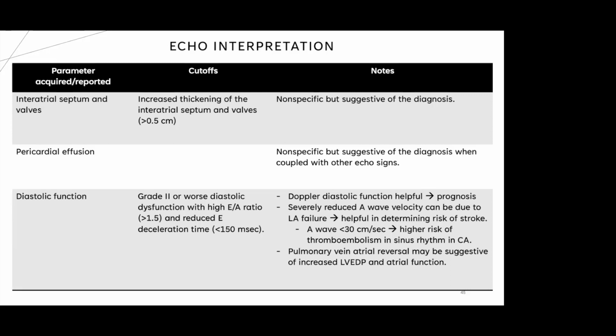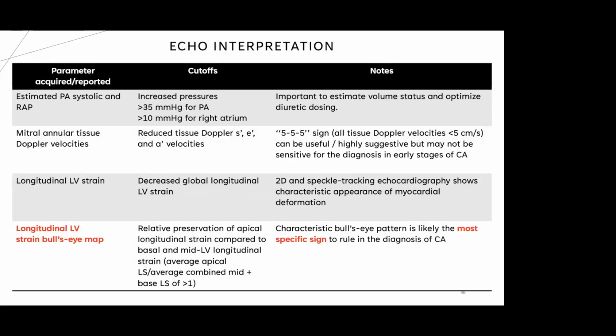And then finally, pulmonary vein atrial reversal may also be suggestive of elevated LVEDP and atrial function. PA pressures greater than 35 or right atrial pressures greater than 10 are also helpful in estimating the volume status for these patients and optimizing diuretics. When looking at mitral annular tissue Dopplers, I think the mnemonic 555 is useful.